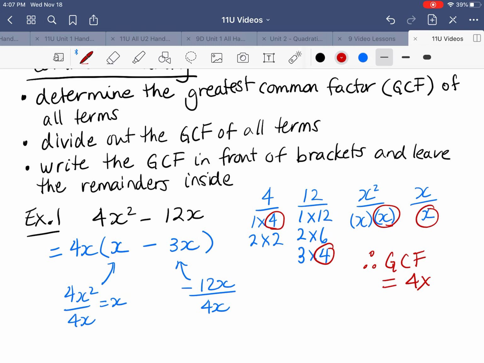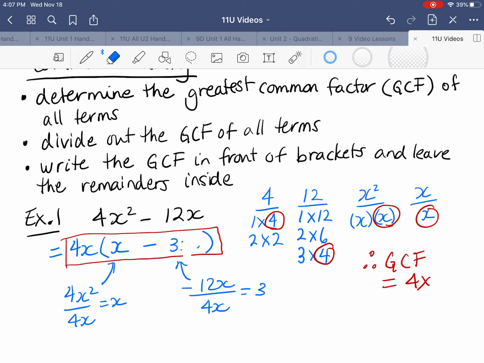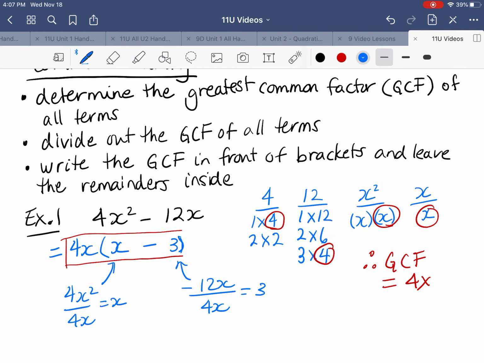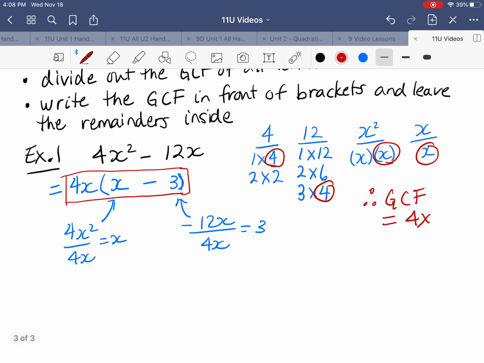So our final answer is 4x times x minus, not 3x, sorry. That is a little bit of an error, just 3. Let's fix that up. We'll make it look nice. Goodness, okay. Here we go. Okay, so our final answer is 4x times x minus 3.